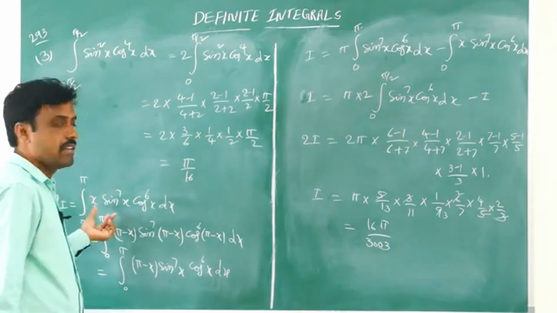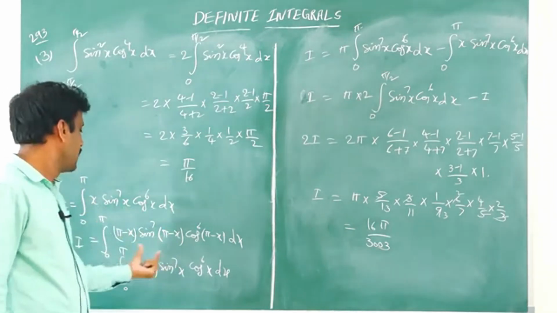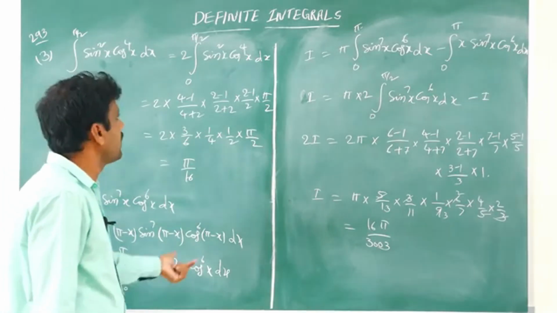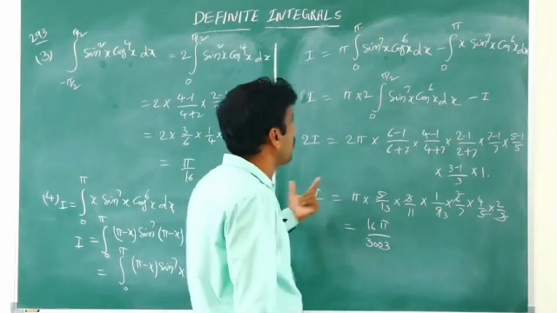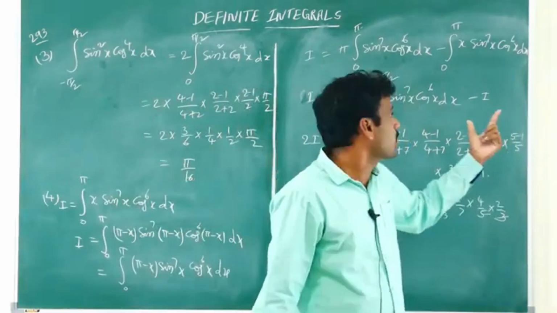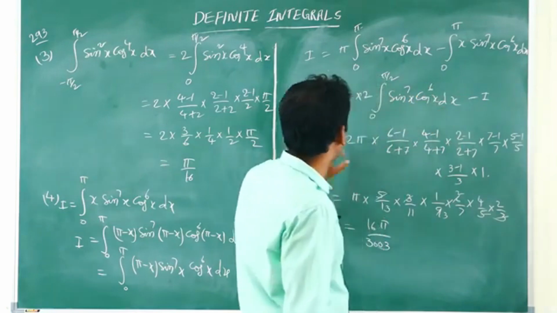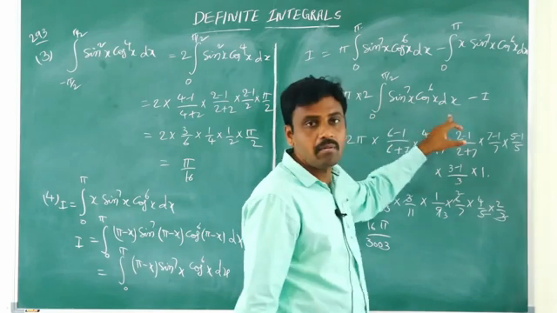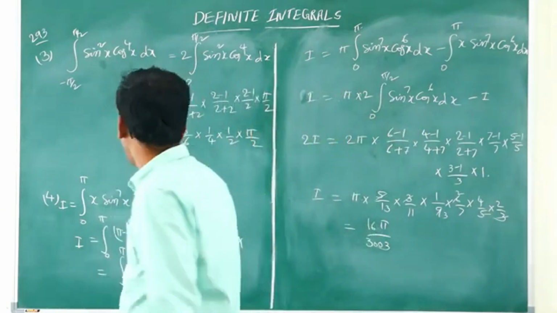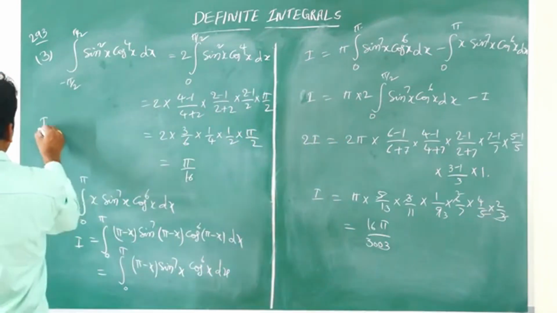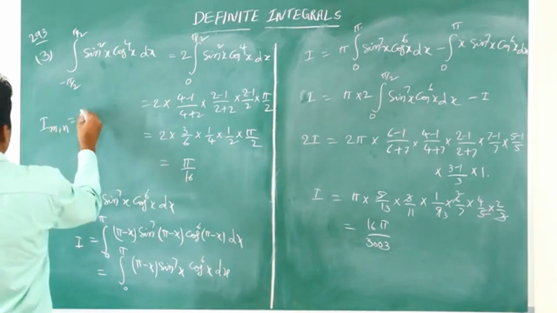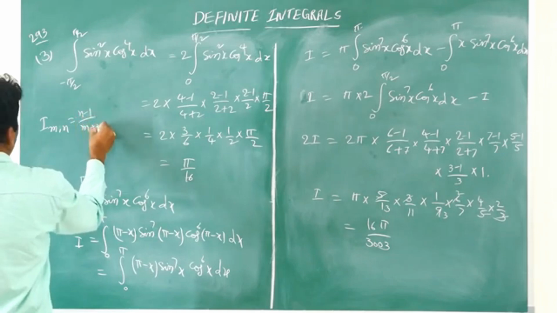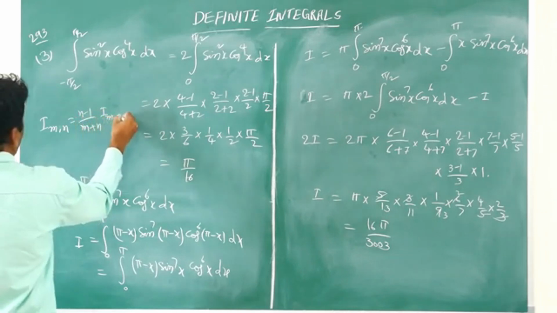Integral 0 to pi, that means a minus x. We can apply a minus x, that is pi into sin power 7 cos power 6, minus x into sin power 7 cos power 6. I plus I, 2I equal to 2 pi, 0 to pi by 2, I(m, n). I(m, n) equals (n minus 1)/(m plus n) I(m, n minus 2).